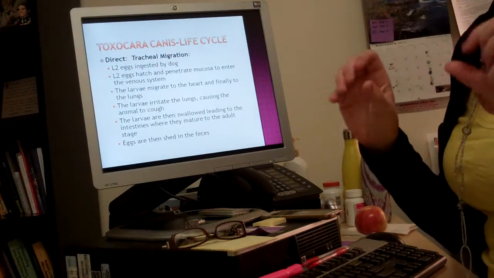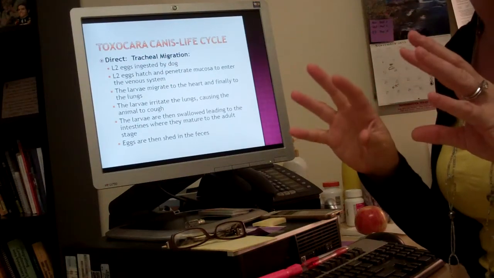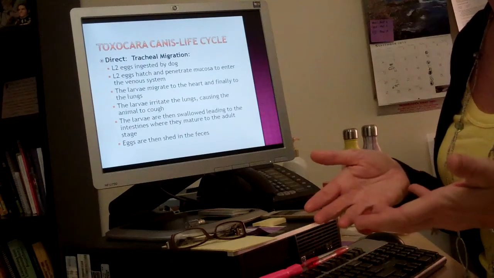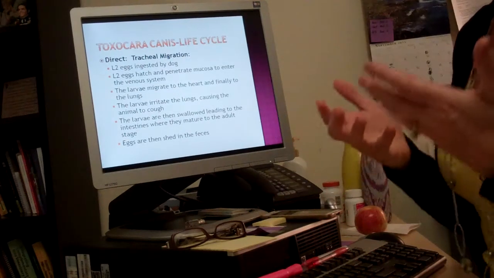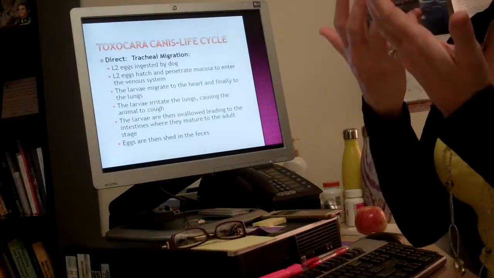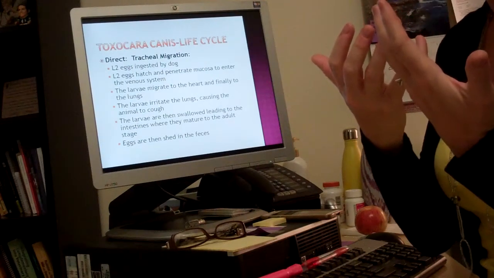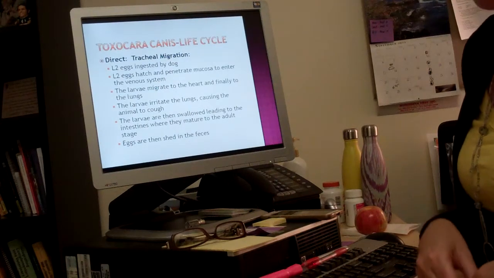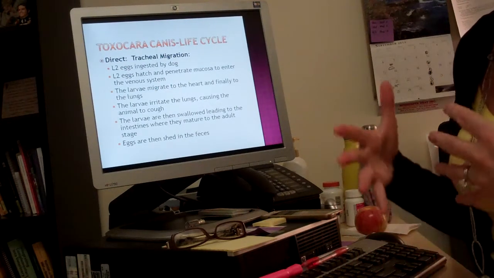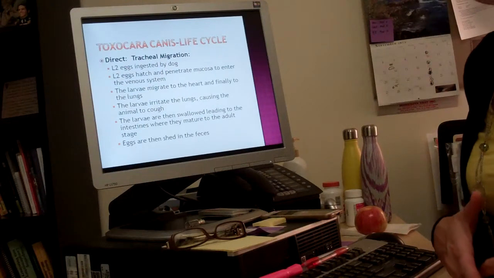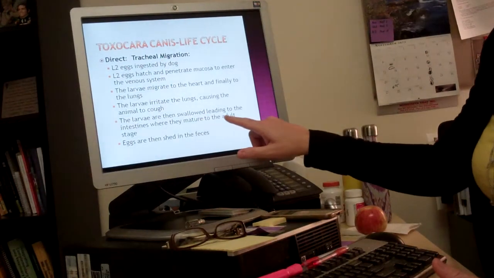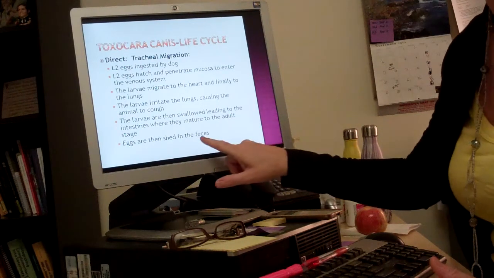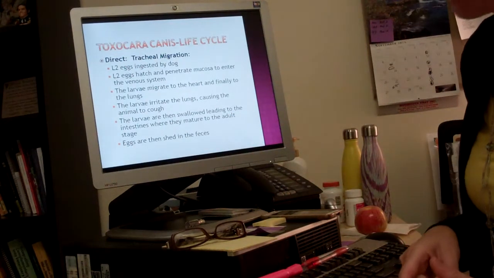Those little larvae, microscopic worms, are going to irritate that lung tissue, which then will cause the animal to cough, bring up phlegm along with the larva, then swallow it, which then will go down again through the esophagus, down into the stomach, down into the small intestine, which then we can mature into an adult. And when you're an adult and there's a male and female, you can produce eggs, and this cycle will continue.